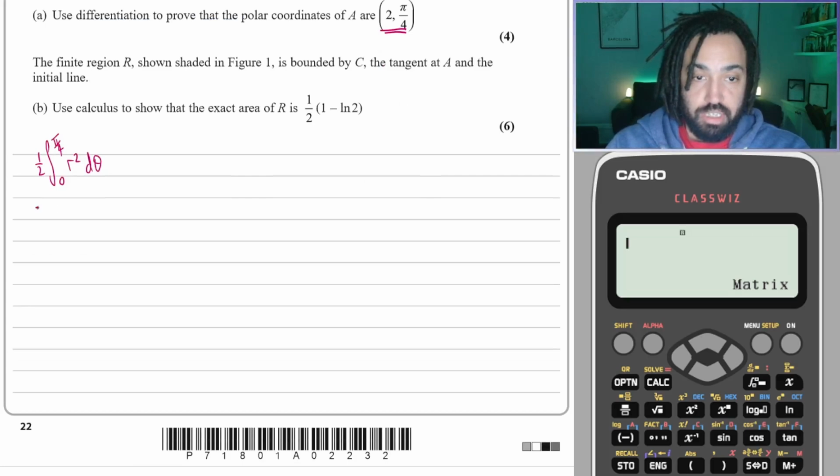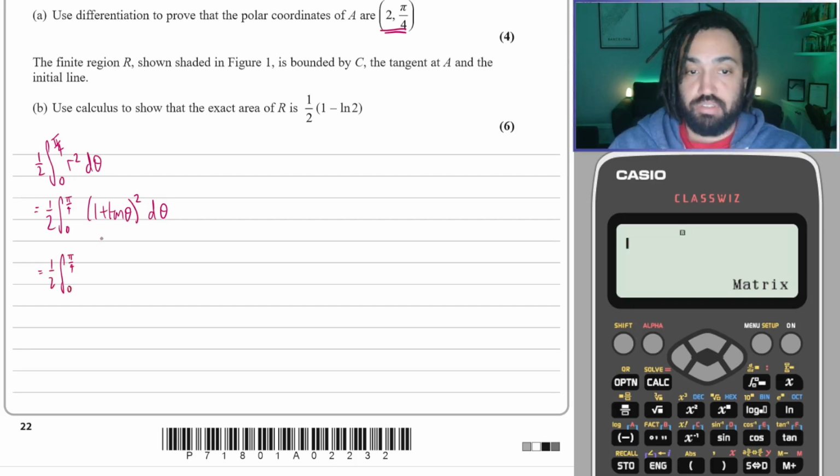So what I'm going to do is write that as a half the integral of r, which we know is 1 plus tan, and then squared. We're going to multiply that out, and that's going to give us 1 plus 2 tan theta plus tan squared theta.